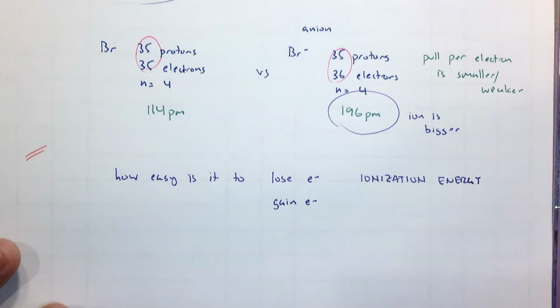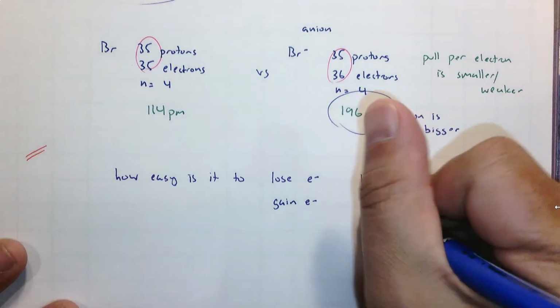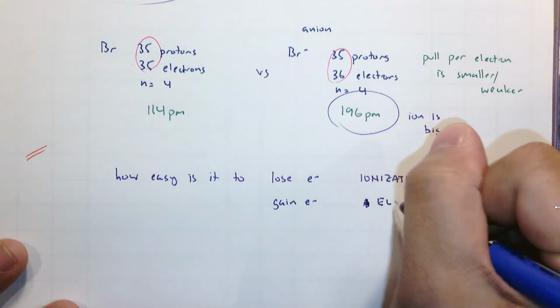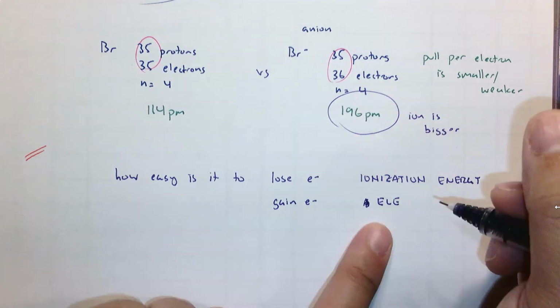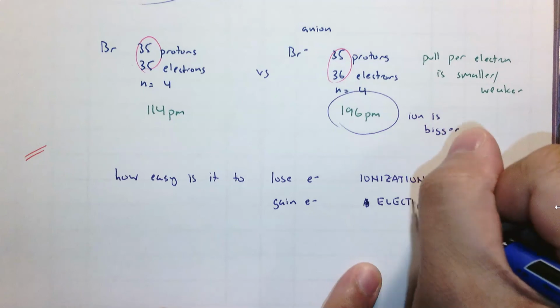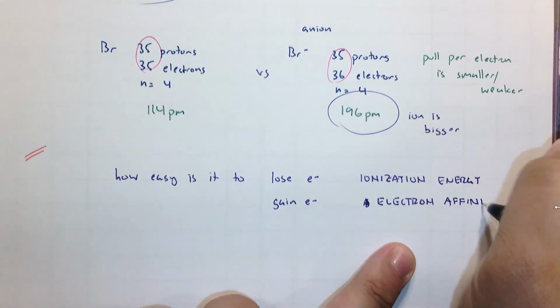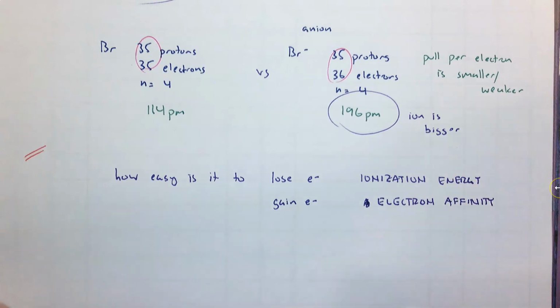And that trend is usually attributed to, it's called electron affinity, right? To the affinity to gain an electron. Those two, for most classes and textbooks, are the last two trends, and I'll talk about that in a different video.